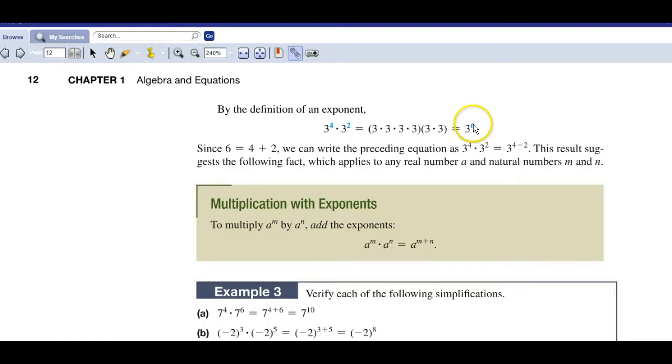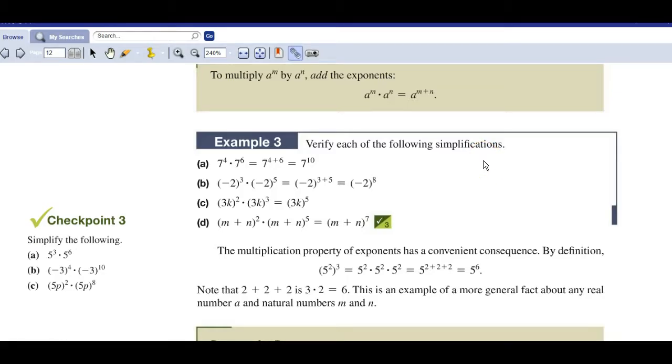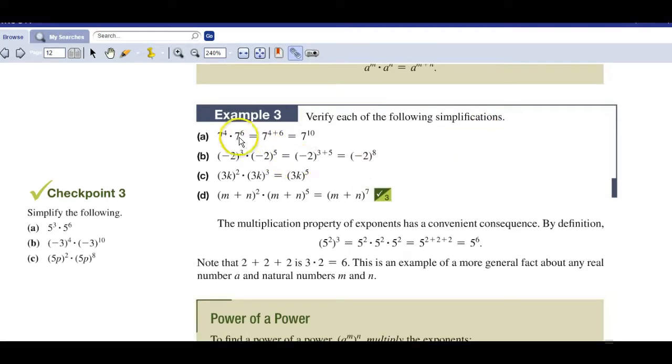There's 6 of them. So a shortcut, instead of writing it all out like this, is when the bases are the same, you just add your exponents. And here is the rule. So this is what I would write in my notes. And then, of course, in your homework log, you're going to have some examples. Now, they do give you the examples and the answers.